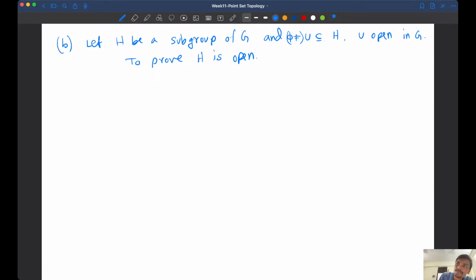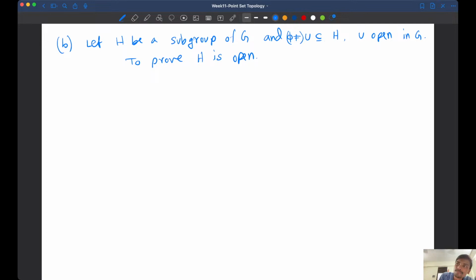So better you can use the left translation or right translation, anything. If you consider hU for any h belongs to H, this is an open subset, and that is contained inside H because H is a subgroup. U is contained inside H, and you are just left translating that set by an element of H. So this is clearly contained inside H.